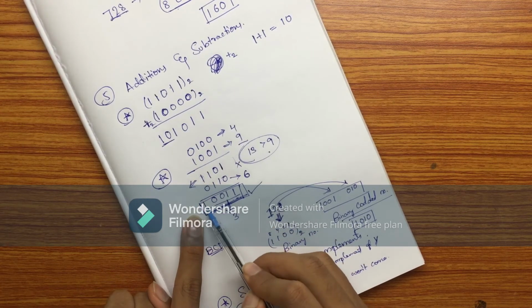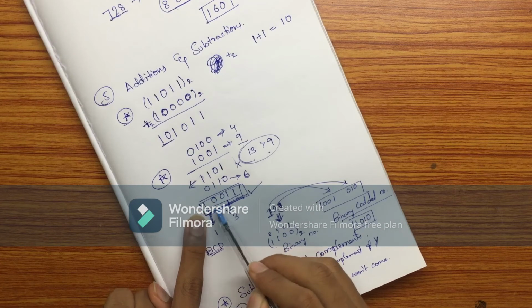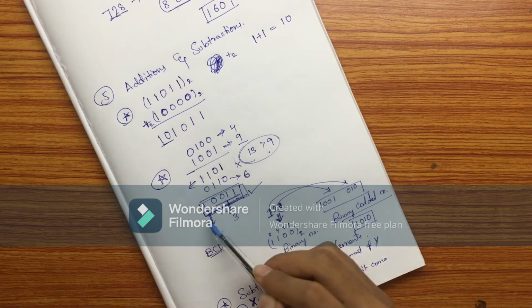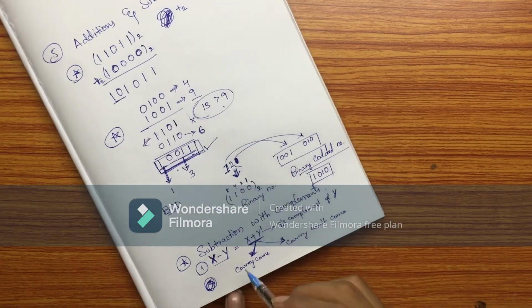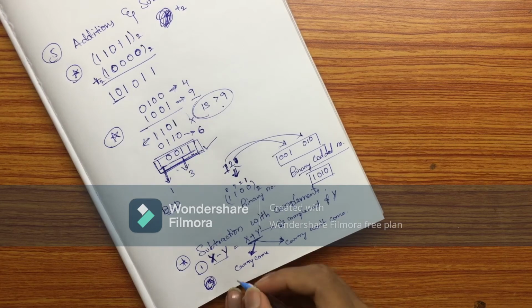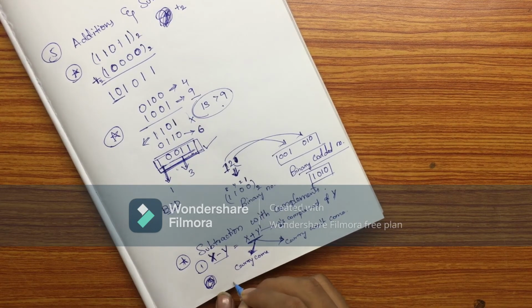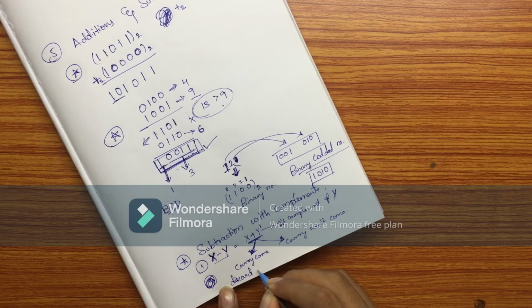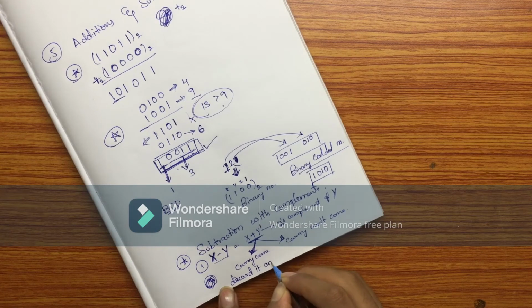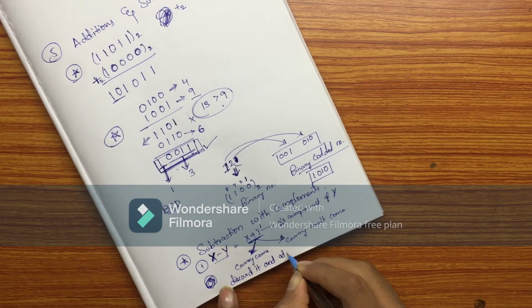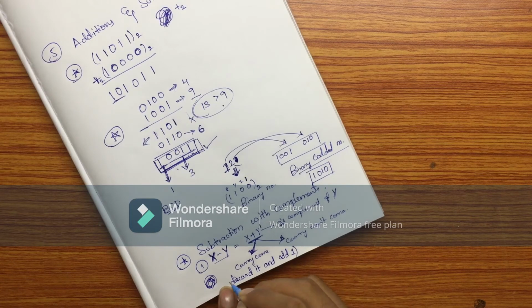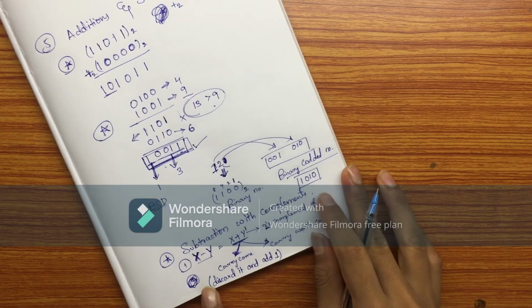But here you are getting a carry outside. That means the number of digits has increased. Then that is called a carry. So if carry comes, then note this: discard it and add 1.